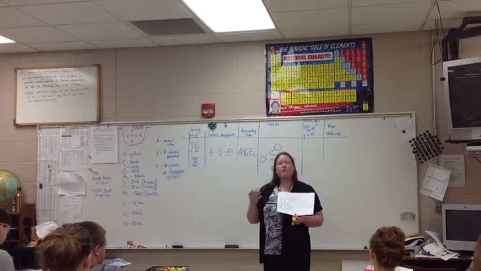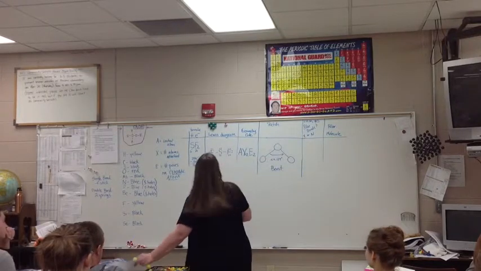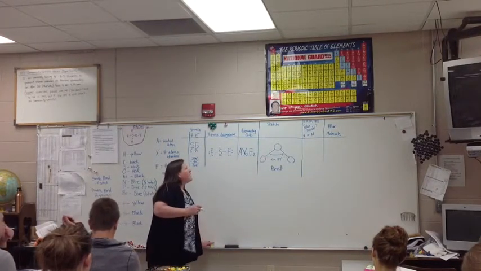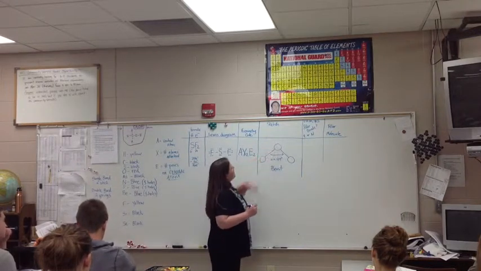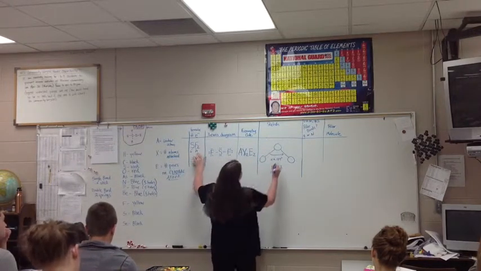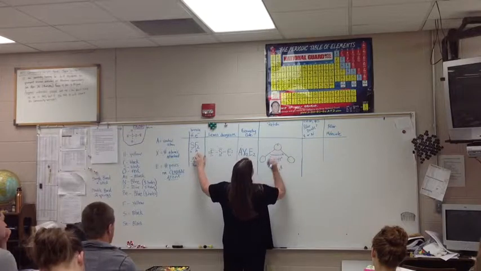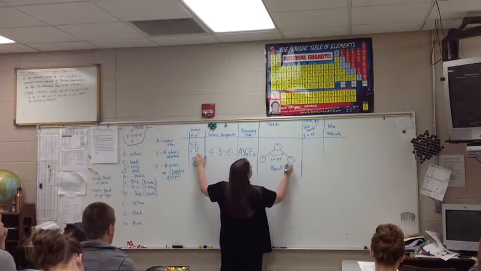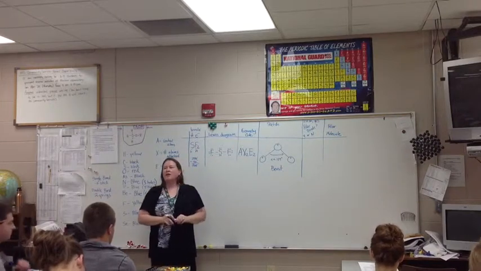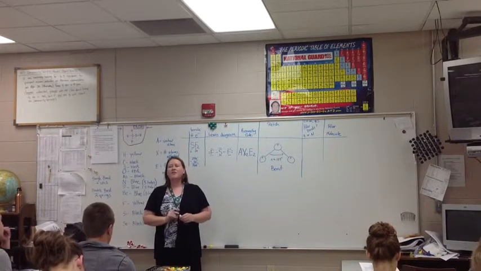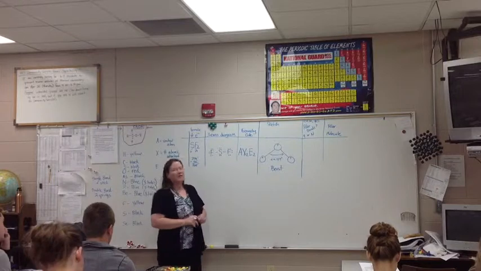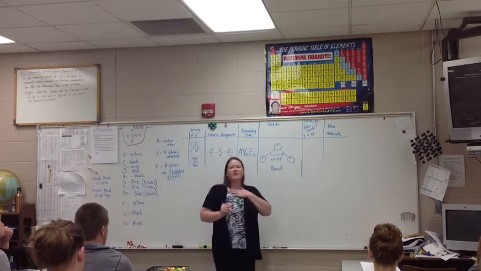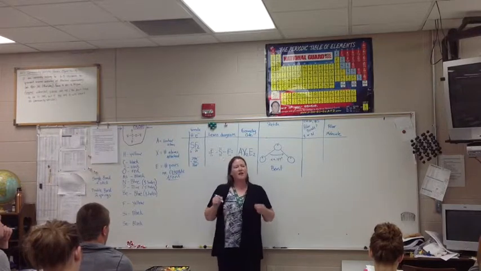All right, what do we do next? What I want you to do next is, in the circle, indicate what element is there. So we have sulfur and fluorine. What I also want you to do is write the electronegativity value of each of these elements. I know that fluorine is the most electronegative element.